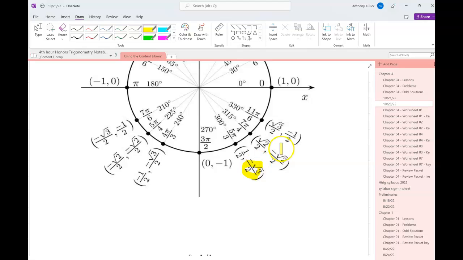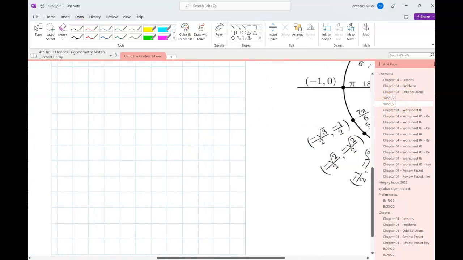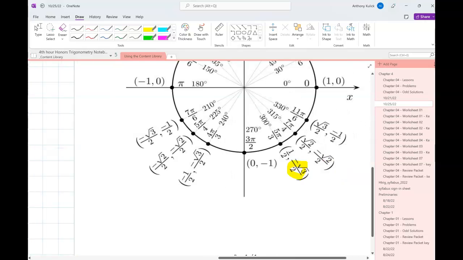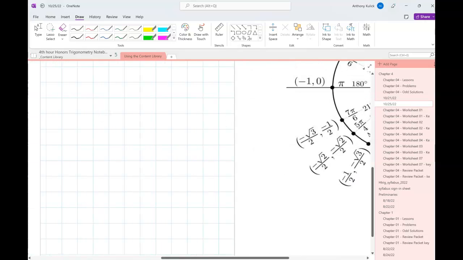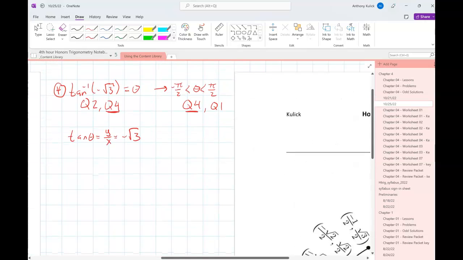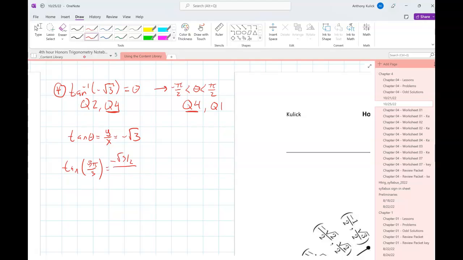So if I go back then, what is that? 5 pi over 3. Negative root 3 over 2 divided by 1/2. The denominators of 2 cancel out.